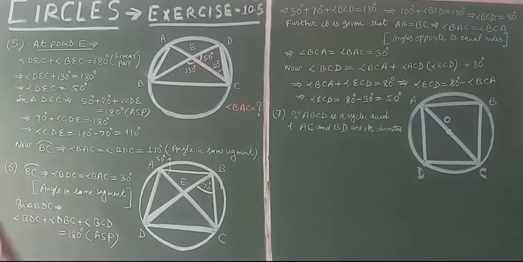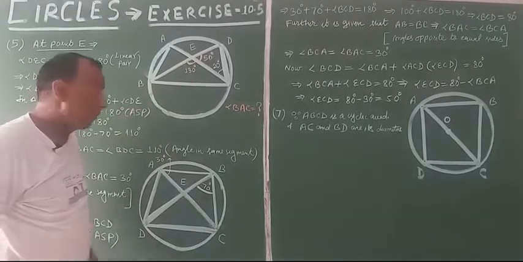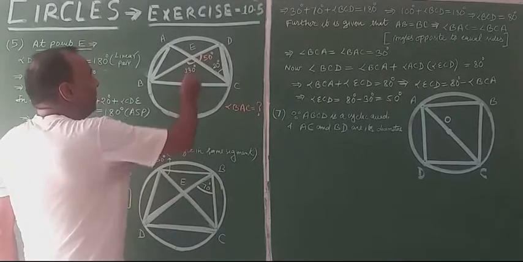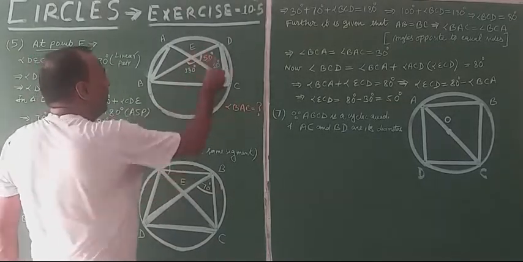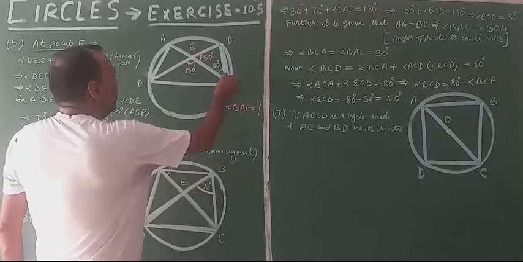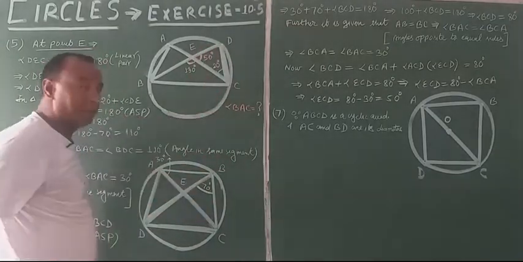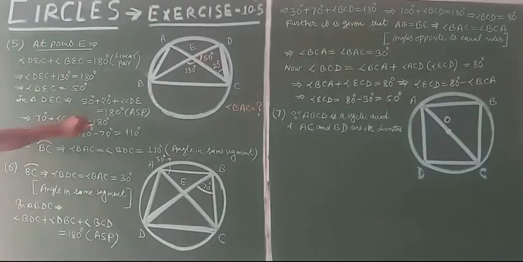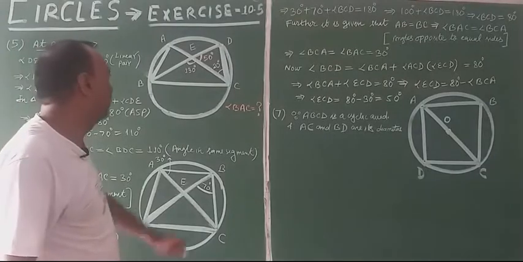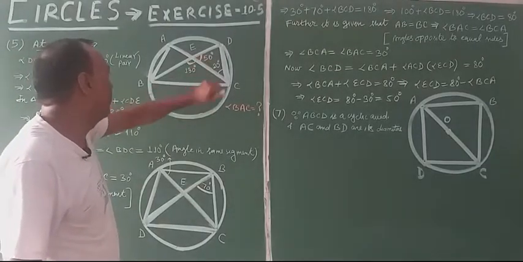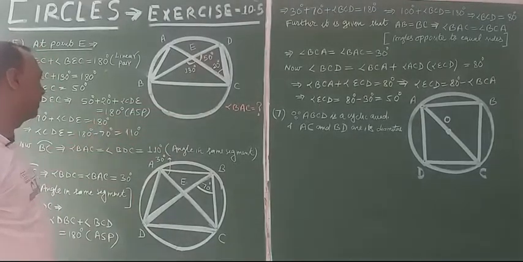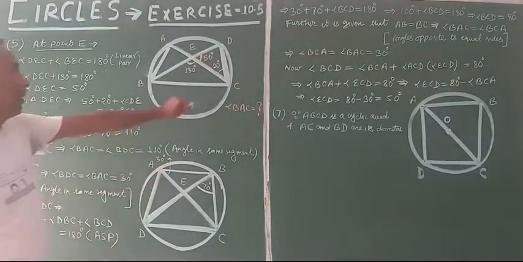Now look at the triangle DEC. There are three angles: 50 degree plus 20 degree plus angle CDE. Their sum will be 180 degree by angle sum property. So 50 and 20 is 70.